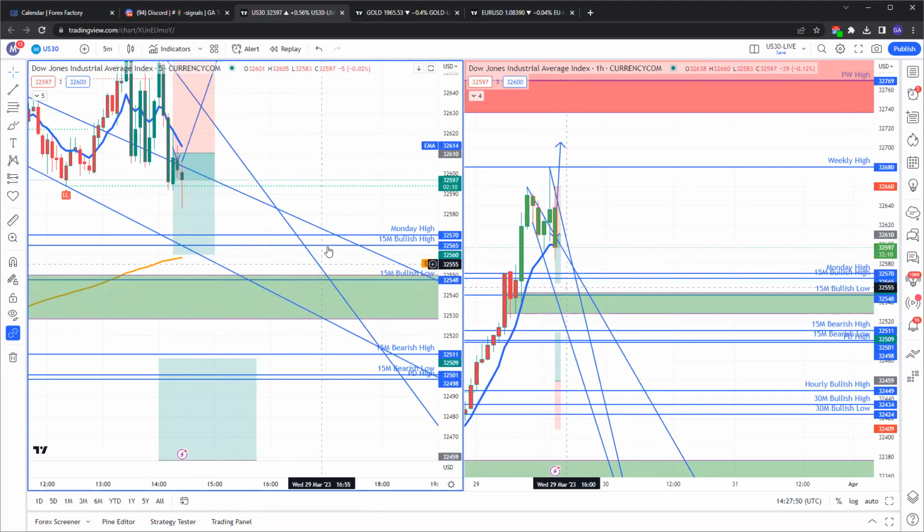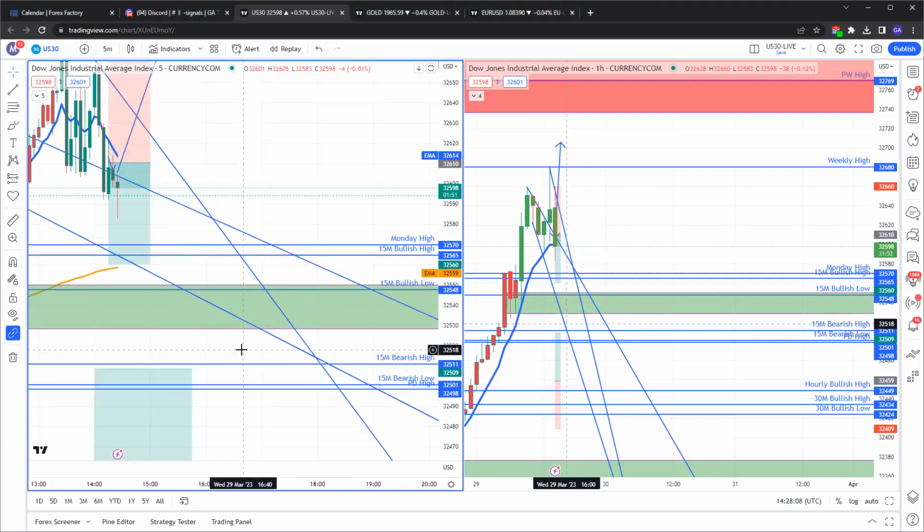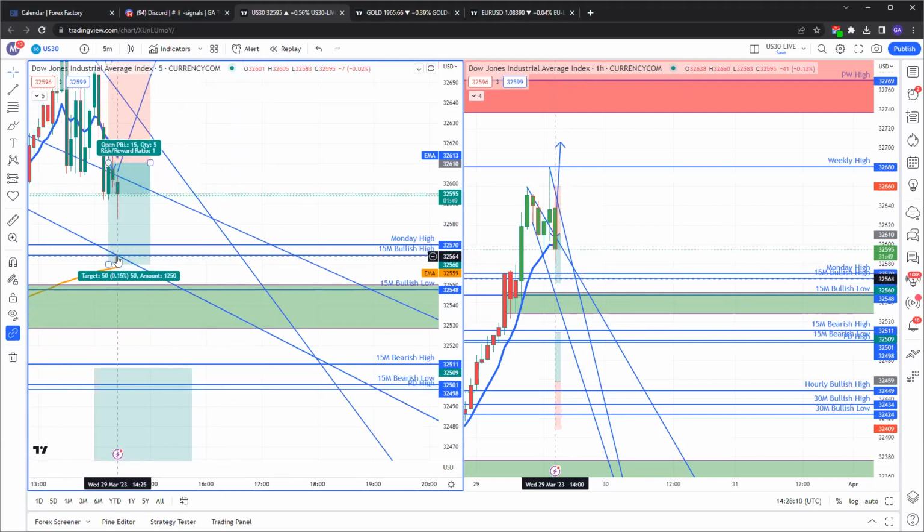So maybe wait, maybe later on in the day, if price descends here and then breaks below, maybe waiting for price to break above this trend line and into this demand zone, maybe that would be the buy, but buying here might be a little bit risky for us.